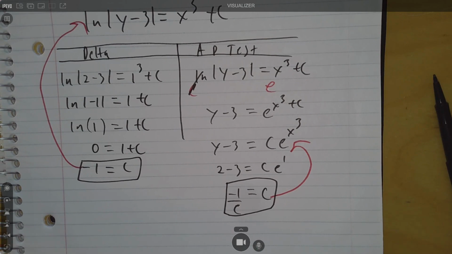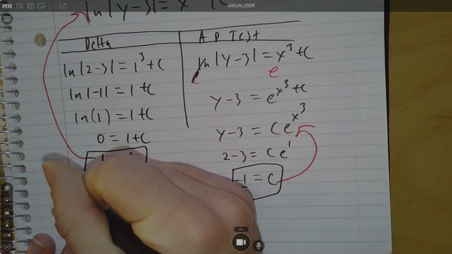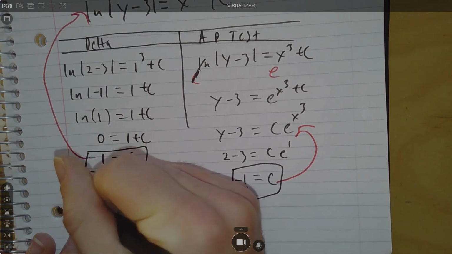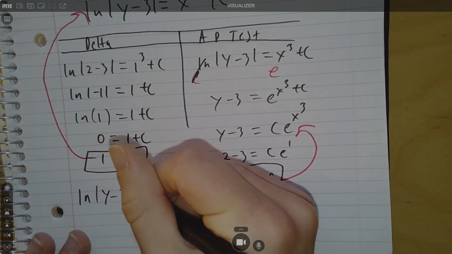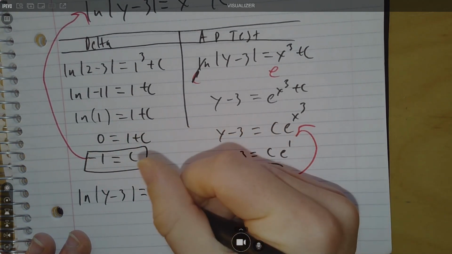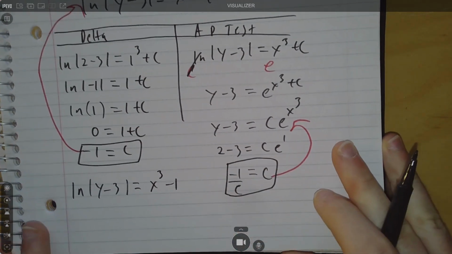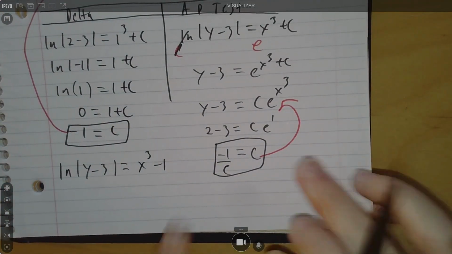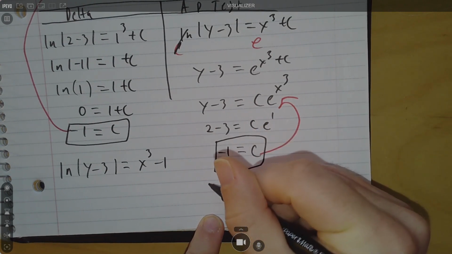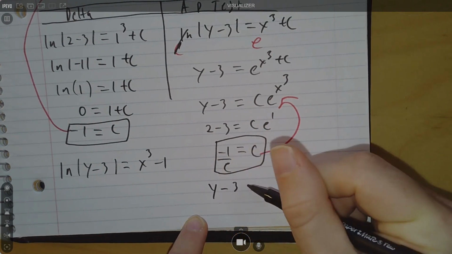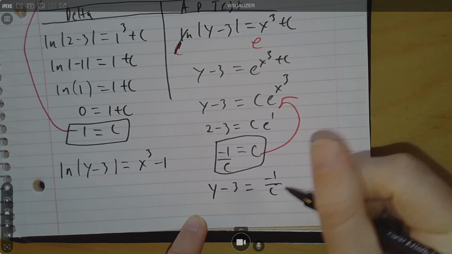So on the top one, we'll get ln y minus 3 equals x to the third minus 1. And then on the right, I will get y minus 3 equals negative 1 over e, e to the x to the third.